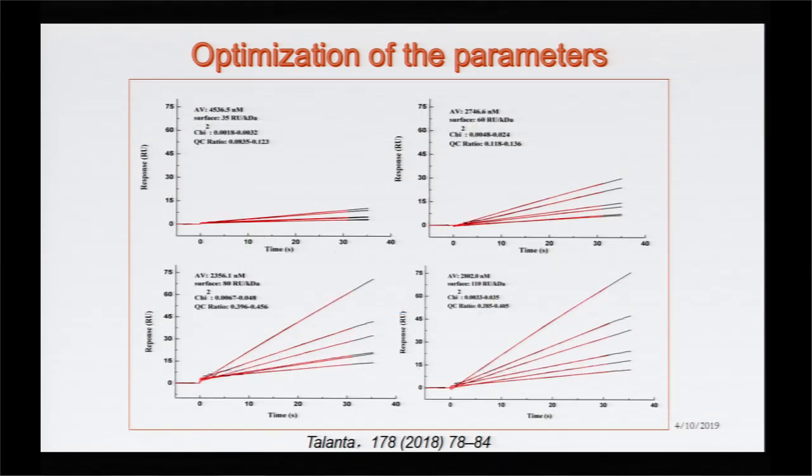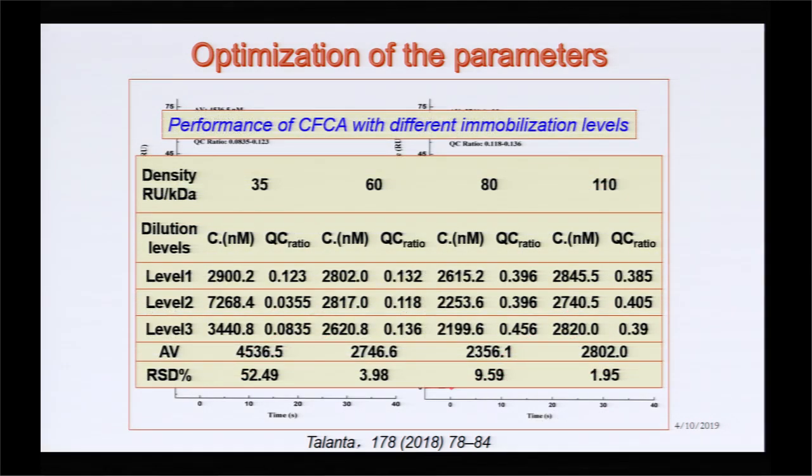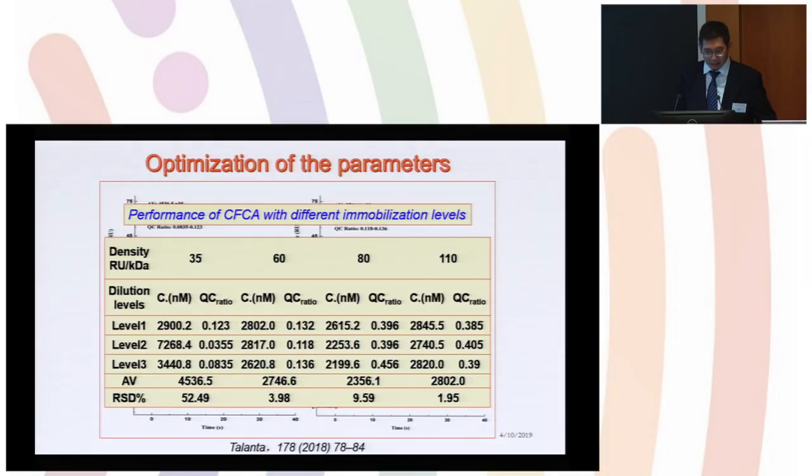After that, we should optimize the immobilization levels, and we can see with the increase of the immobilization levels, the active concentration obtained converges, and the relative standard deviation becomes smaller.